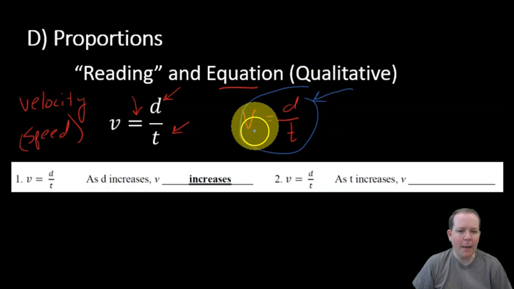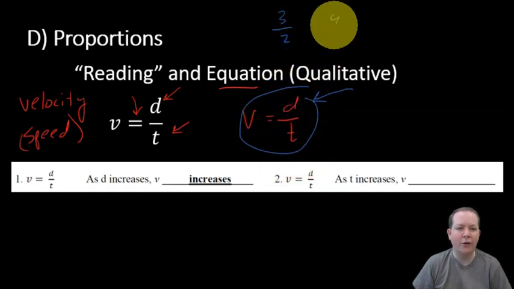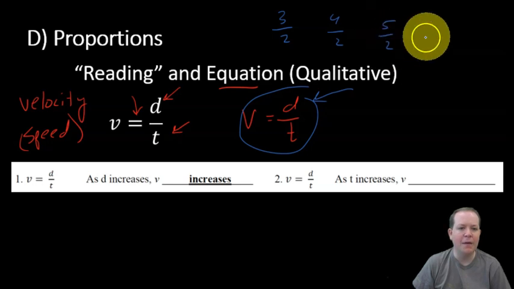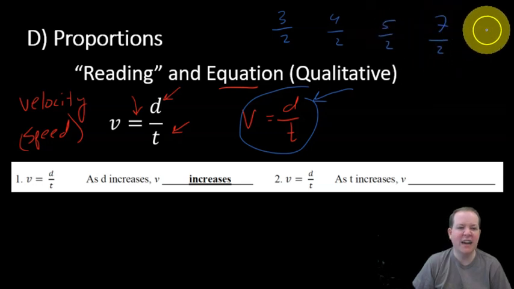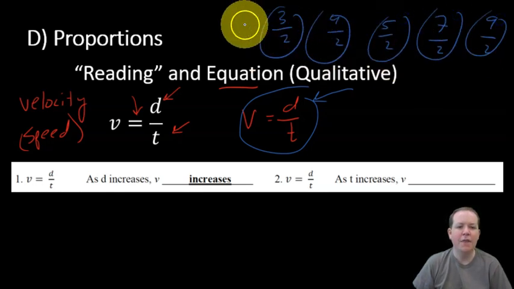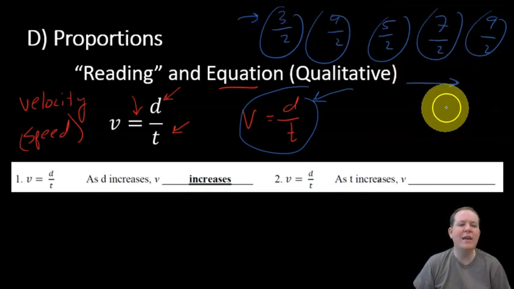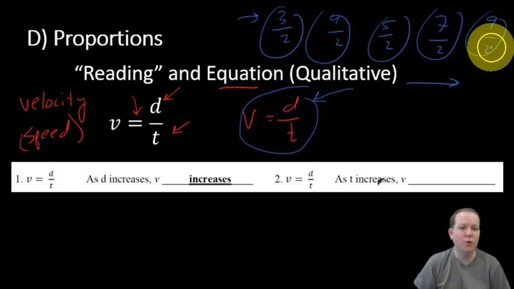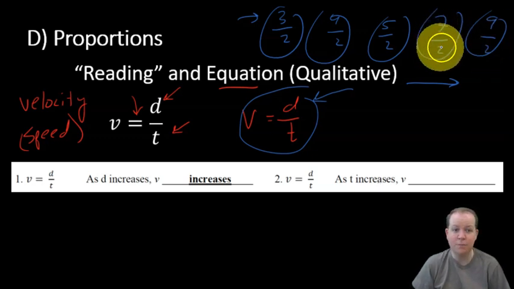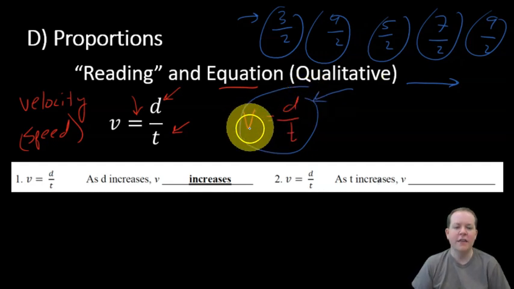What happens to the overall result if I make the numerator bigger and bigger? I'm just making up numbers here. The overall value increases. 9 over 2 is bigger than 7 over 2, is bigger than 5 over 2. When the top increases, the overall result increases.